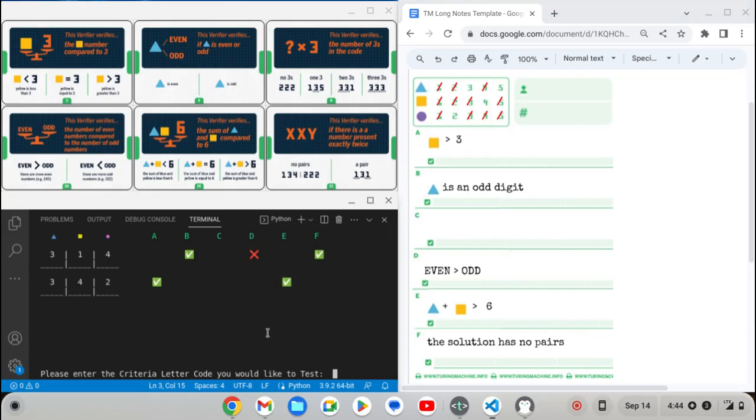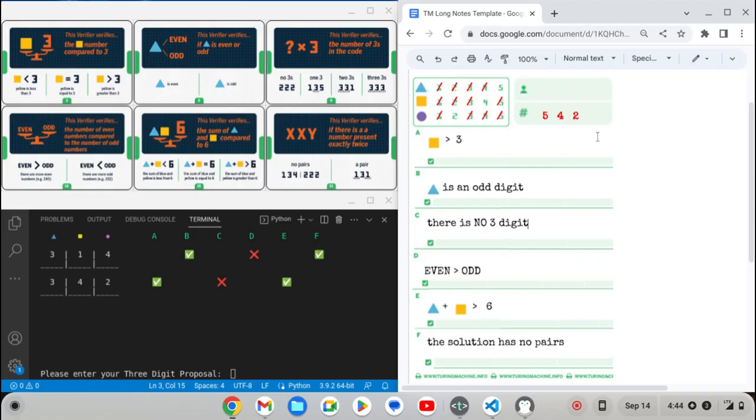So let's go ahead and test criteria card C. Okay, so there is no 3. So it looks like our solution is 5, 4, 2. And we did conclude that there is no 3-digit.